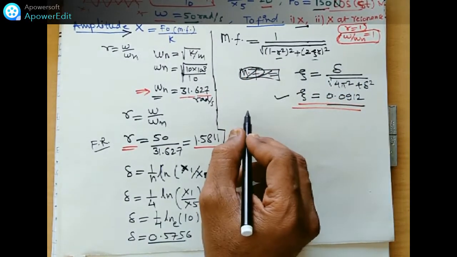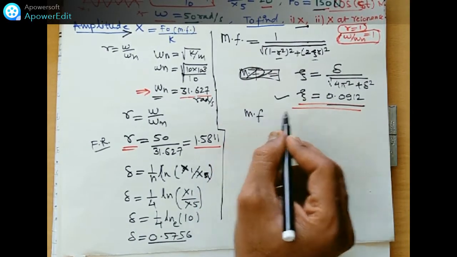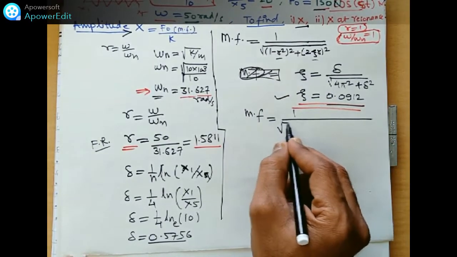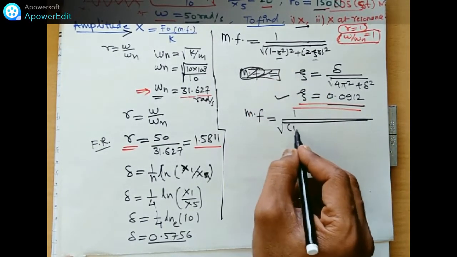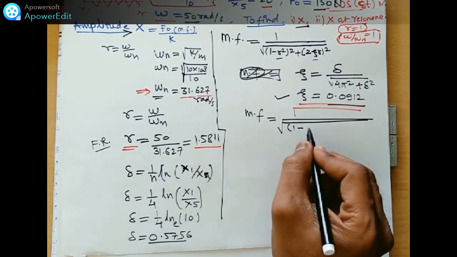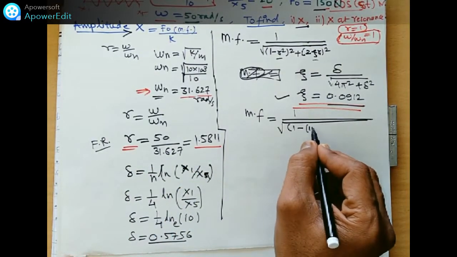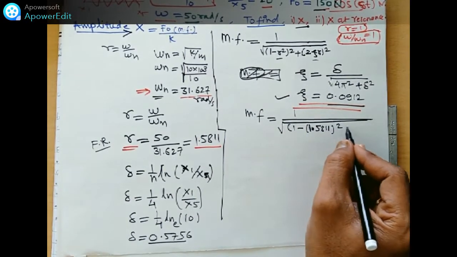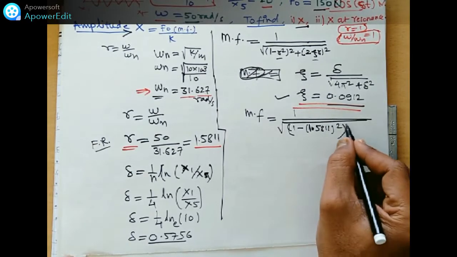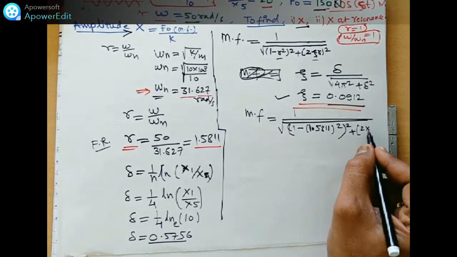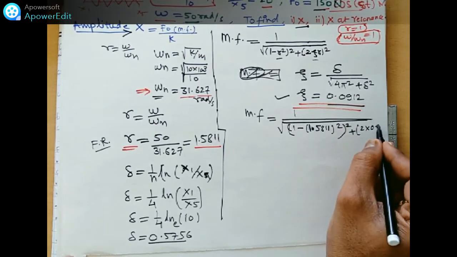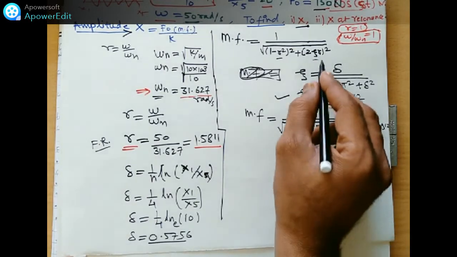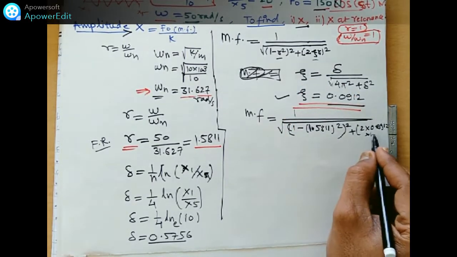So MF is equal to, putting the values of r and zeta, 1 minus r square, where r is 0.5811, squared, and this bracket squared again, plus twice zeta, which is 0.0912, into r, which is 0.5811, this bracket squared.